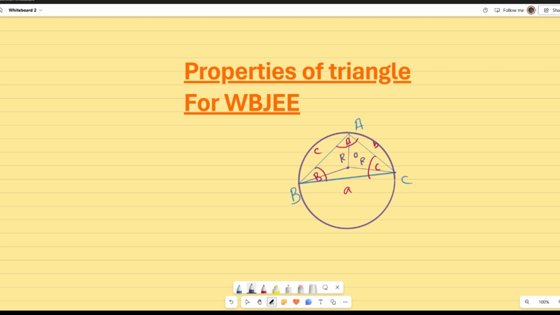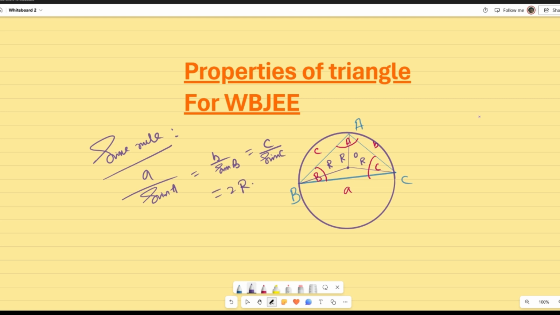If this circumradius be R, then the sine rule states that a by sin A equal to b by sin B equal to c by sin C, which is equal to 2R.